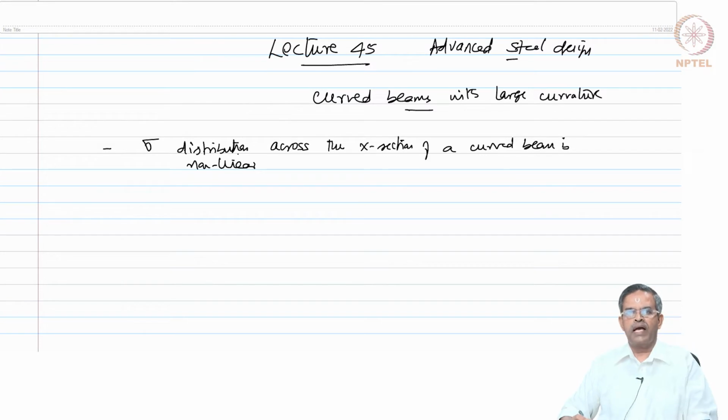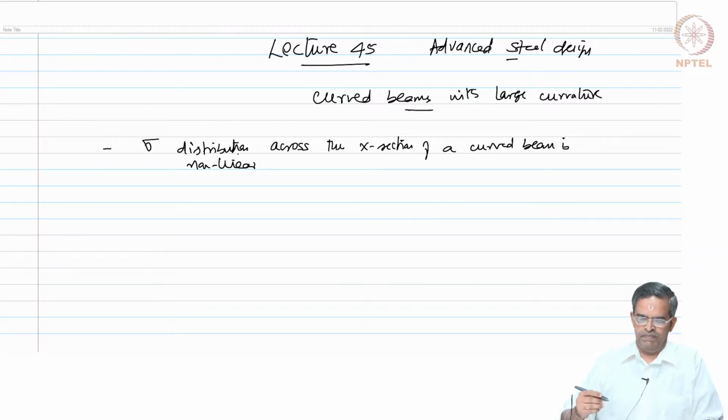Therefore, the classical bending equation cannot be used to find out the stresses. Okay? So, we need to really derive the control expression for finding out the stresses in the extradas and intradas, that is the maximum tension and maximum compression on the concave and convex side respectively.